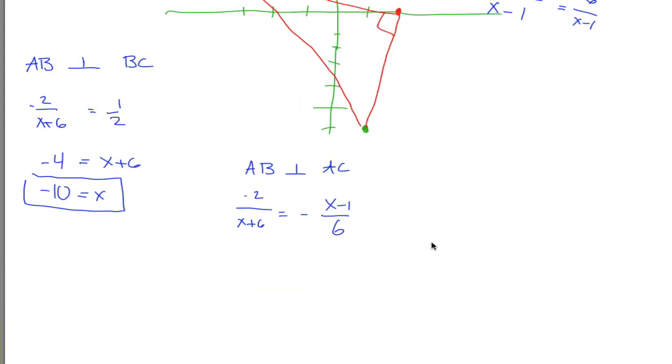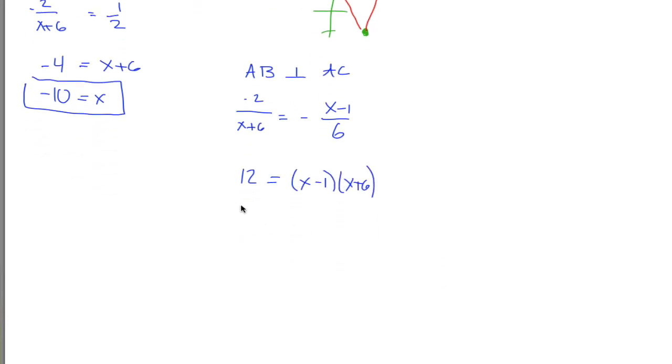Gives me this equation. Solve this equation. What you end up with is 12 equals x minus 1 times x plus 6. So 12 equals x squared. If you FOIL this all out, you'll get plus 5x minus 6, which we can solve by subtracting 12 from both sides and then factoring.